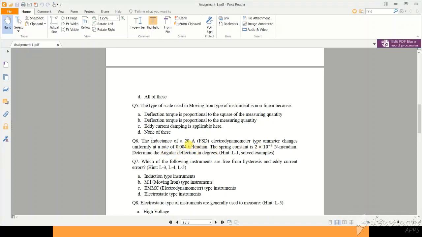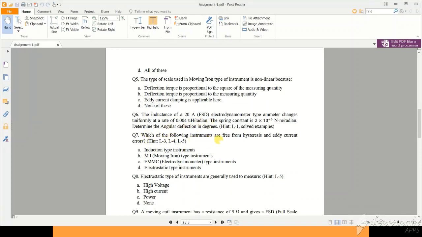So you find it in radian because this thing is given in radian, and once you find it in radian, just convert to degree. Pi radian equals 180 degree, you can get that easily. And the formula is half I square dM by d theta. dM by d theta is given, I is given, so all are known. Only theta is unknown. You can easily find it out, and many of you have done it correctly.